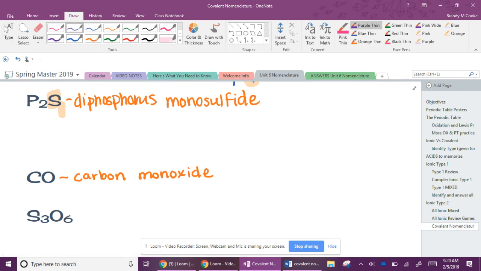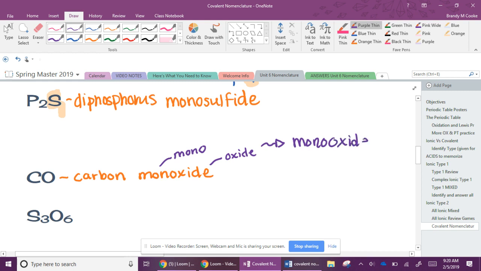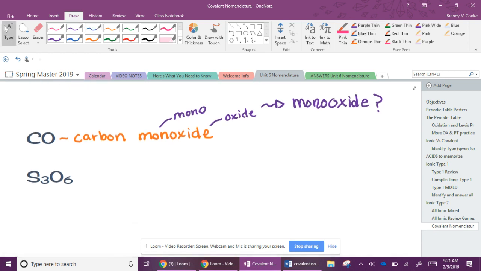So we know that the prefix for one is mono, and oxygen is spelled oxide. So if we put those together, it should be monooxide. But that's not what you said out loud, right? A minute ago, you said carbon monoxide, not carbon monooxide. So oxygen is a special element. He always has his own set of rules along with hydrogen.